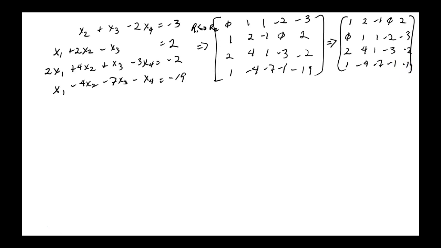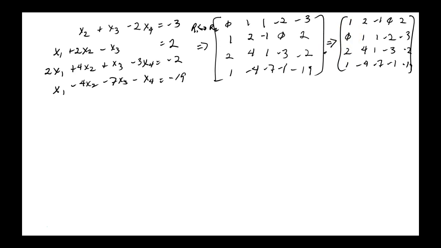Next. Okay, and we got it, right? So next, row 3. How do we make that happen? Okay, row 3.